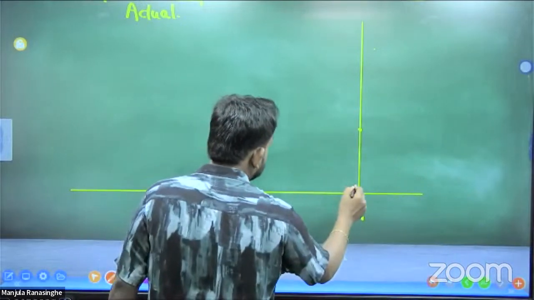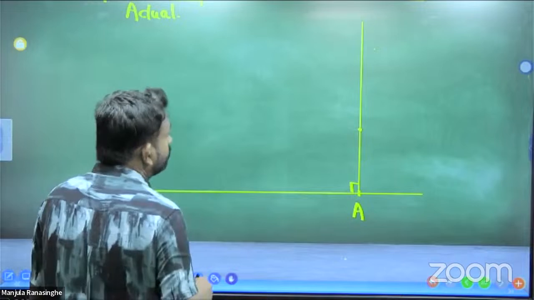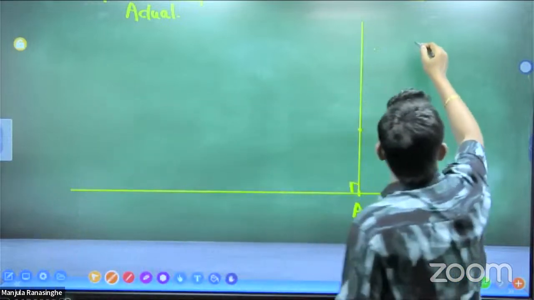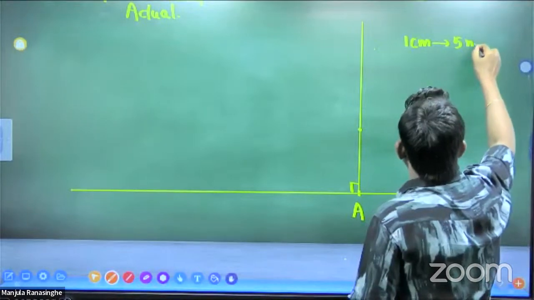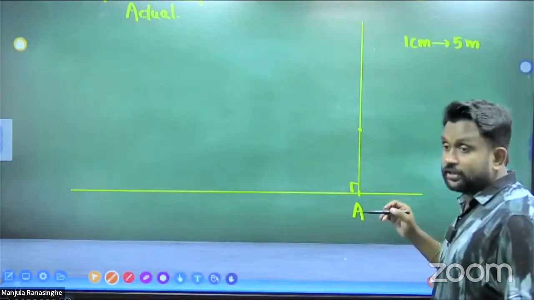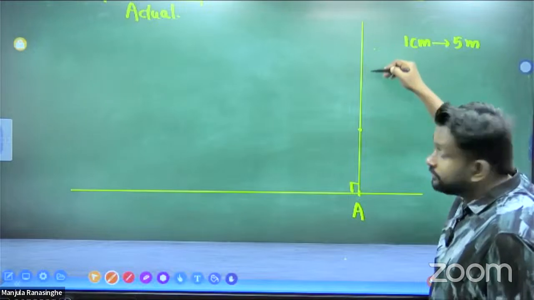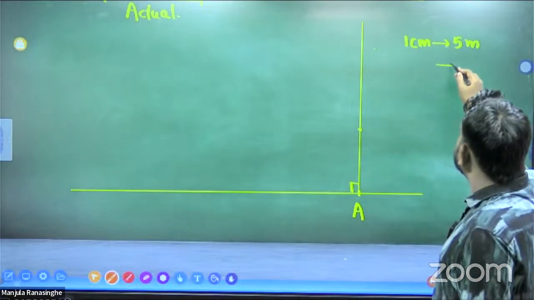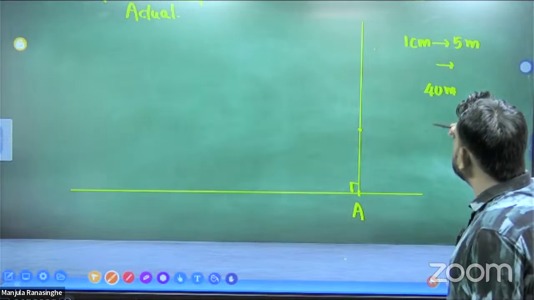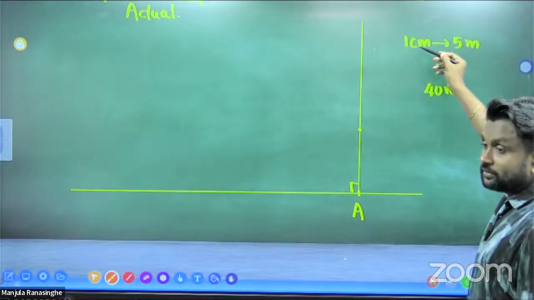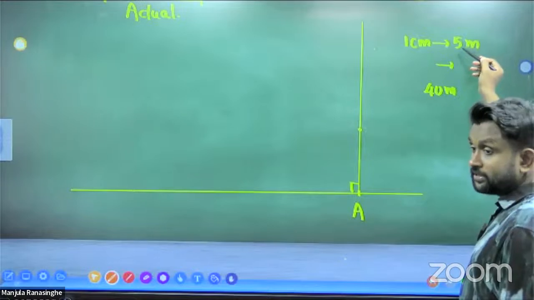That's the verticality measurement. Now the scale is given as 1 centimeter to represent 5 meters. Now check, we need to calculate the height AB, given as 40 meters. Then how to indicate that in centimeters? 1 centimeter for 5 meters.